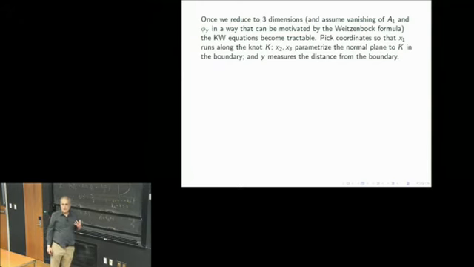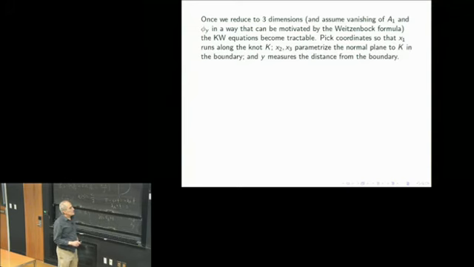I'd say motivate it rather than prove it, because you have to understand the boundary conditions before you could prove anything. So I prefer to say that if you study the potential Weitzenbock formulas, you see it's logical to expect that your model solution will have phi y equals 0 and a1 equals 0. And then the KW equations become tractable.